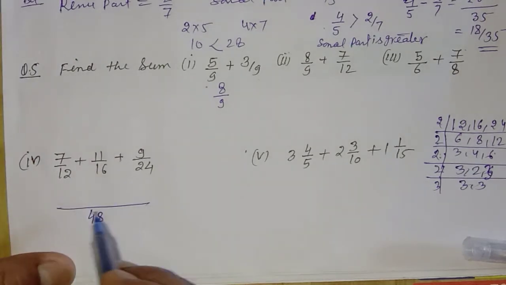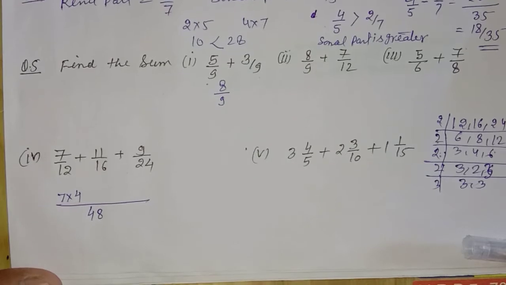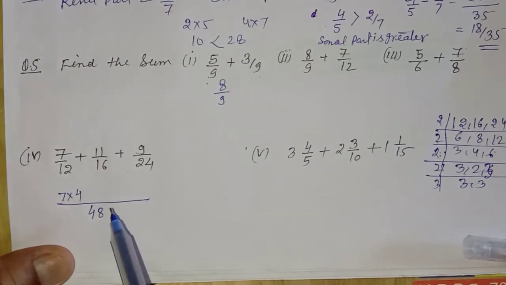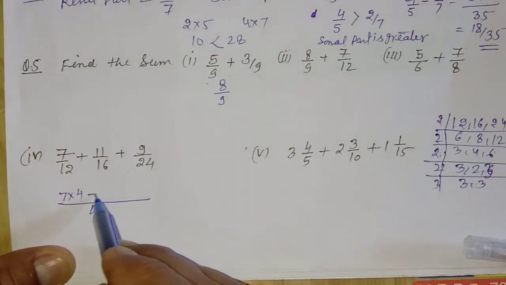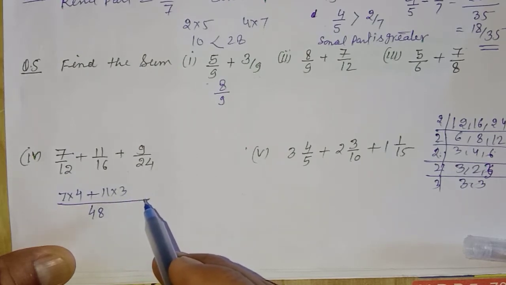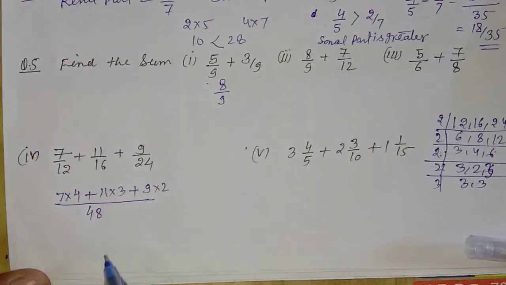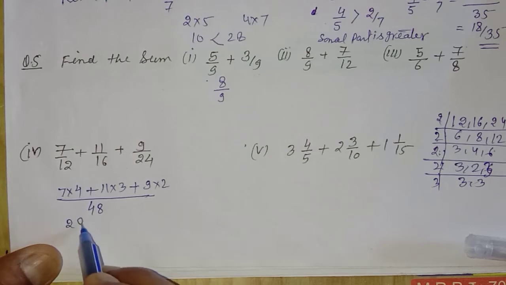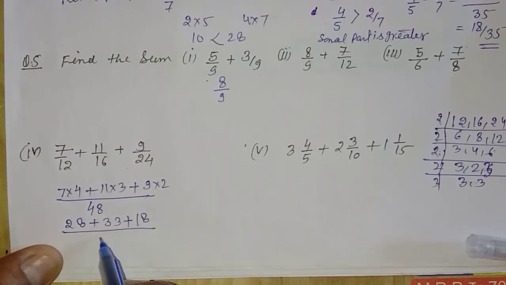Now students, we divide. 7 into 4, so students, if we divide 48 by 12, you will find 4. So we multiply: 4 into 7 plus 11 into 3 plus 9 into 2. So students, you will find 28 plus 33 plus 18 over 48.